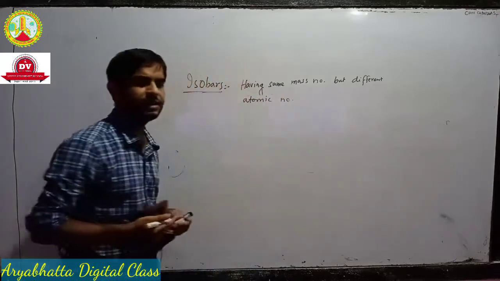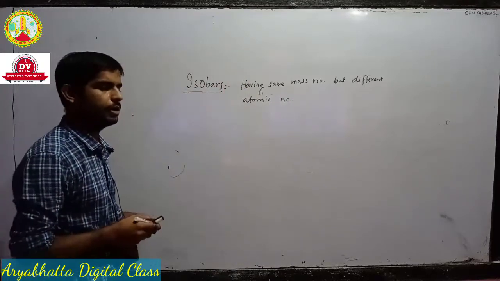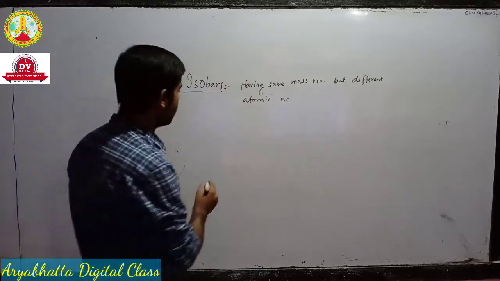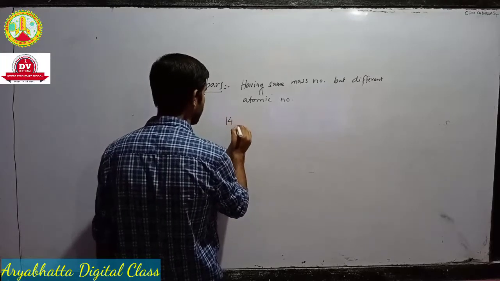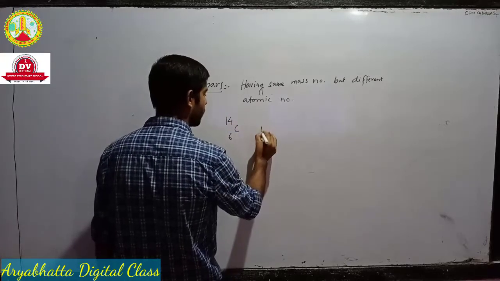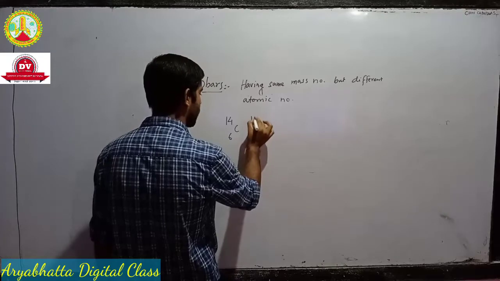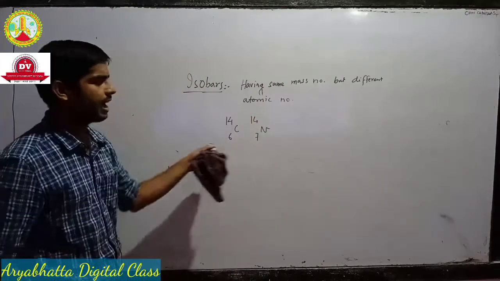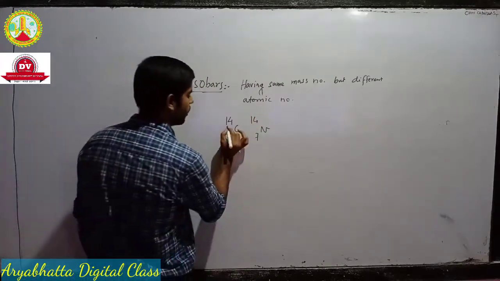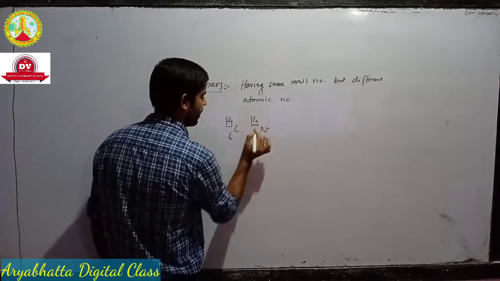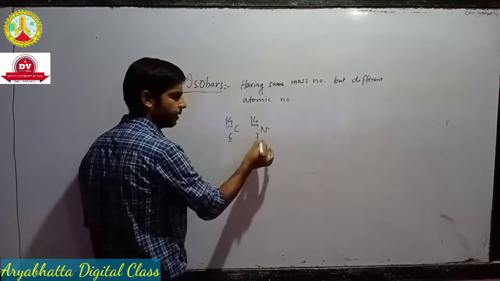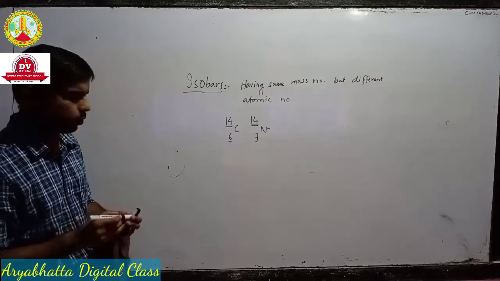If two elements have the same mass but different atomic number, then they are called isobars. For example, carbon-14 and nitrogen-14 are isobars. See, their mass is the same but their atomic numbers are different.